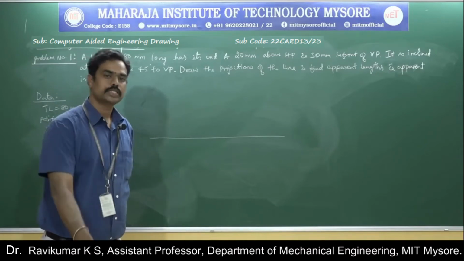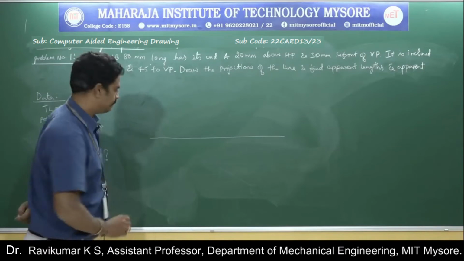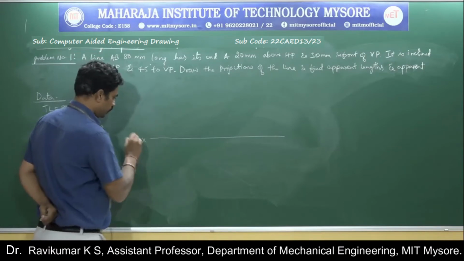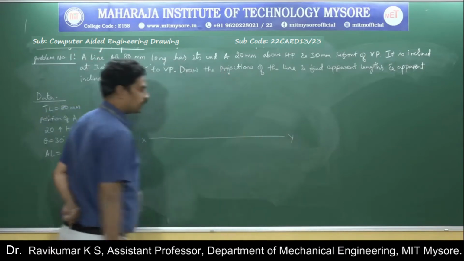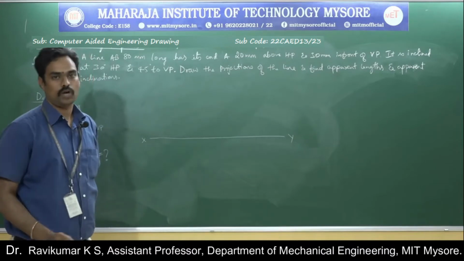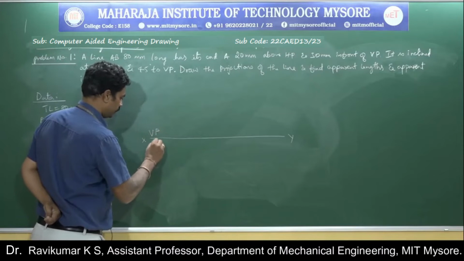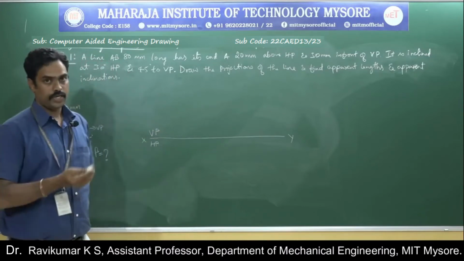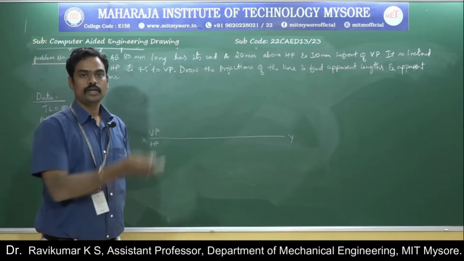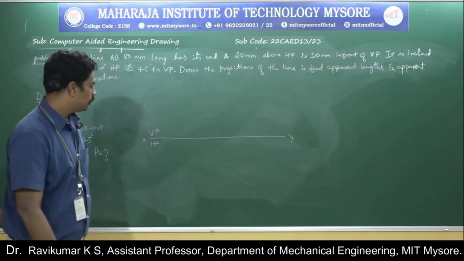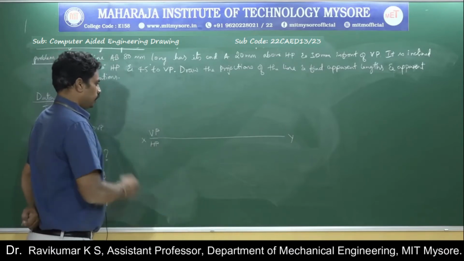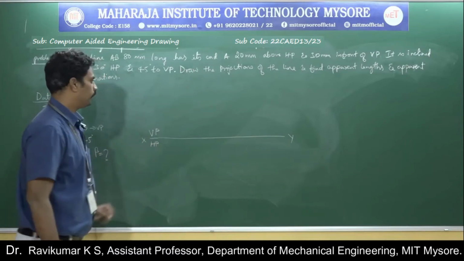Those lines which represent the line and the views should be thicker. So it is the XY line, X, Y, and since we are dealing only with the first quadrant, we need to write VP and HP. In the first quadrant, the vertical plane comes above the XY line and the horizontal plane comes below the XY line.